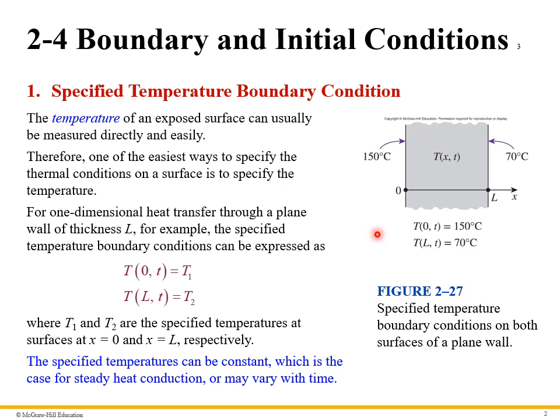The first type is that you specify the temperature on some surfaces. For example, here, if you have a plane wall of thickness L, on one side of the wall it's 150 degrees C. On the other side of the wall it's 70 degrees C. Since the temperature is a function of position and time, the temperature at x equals 0, this is the x-axis, at any time is equal to 150 degrees.